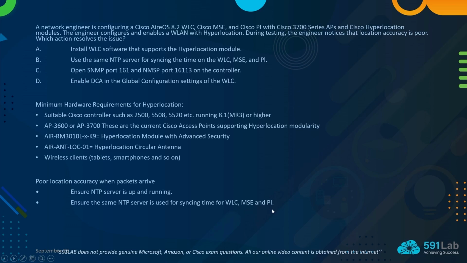And this makes total sense. If we are getting different timestamps on each device, we're definitely going to get different locations. Even if the controller, MSE, and Prime differ by just seconds, it's going to very much affect our location accuracy. It's not going to show us that we are 100% synced up.